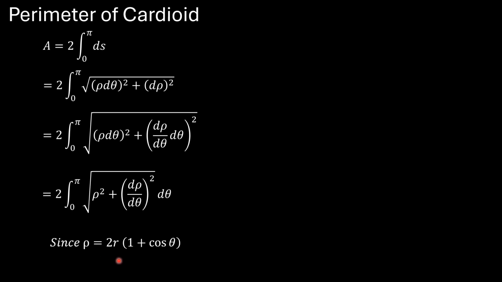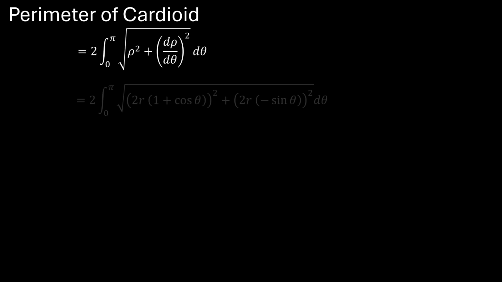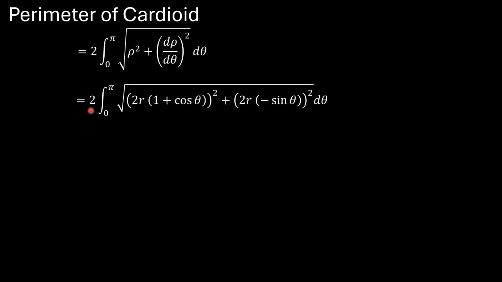Since rho is 2r times (1 plus cosine theta), then d rho d theta is going to be 2r times negative sine theta. So substituting those back in, we have twice the integral from theta equals 0 to pi of the square root of (2r times (1 plus cosine theta)) all squared plus (2r times sine theta) all squared.